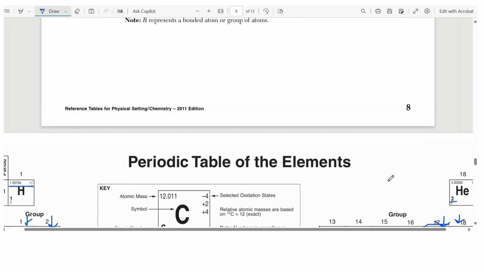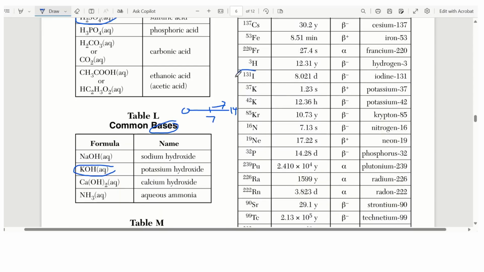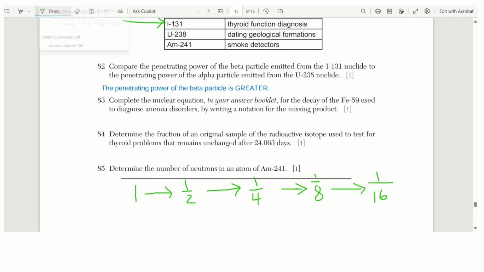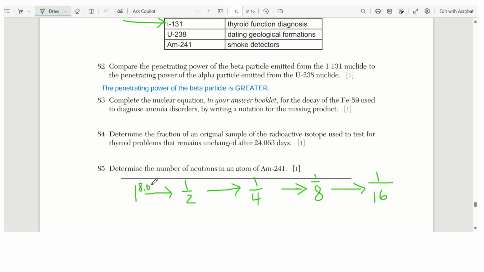But I need some reference table information. So from table N, iodine 131 has a half-life of 8.021 days. So that means this took 8.021 days, right? But I need it to go for 24 days. So this also took 8.021 days, which that's about 16.